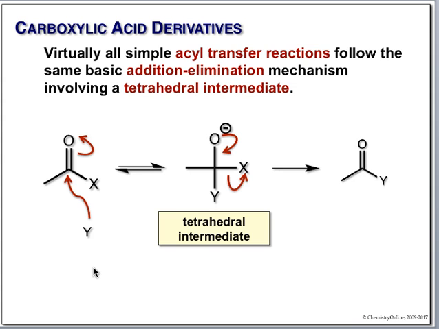And when it does that, what you have done is transferred the acyl group here from X to Y. Acyl transfer. All the same basic mechanism: addition, elimination. Any questions? Very simple, basic concept.